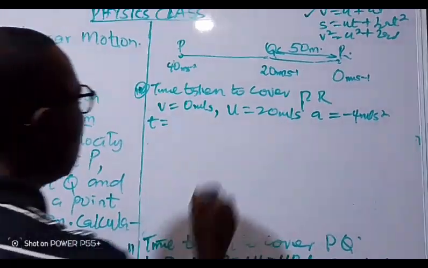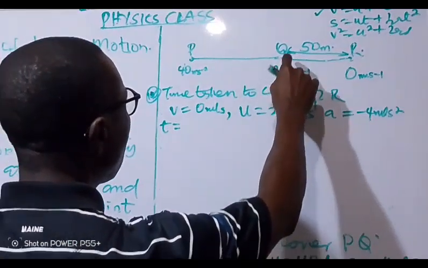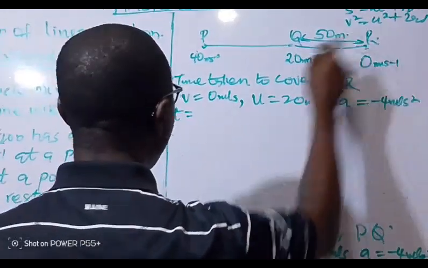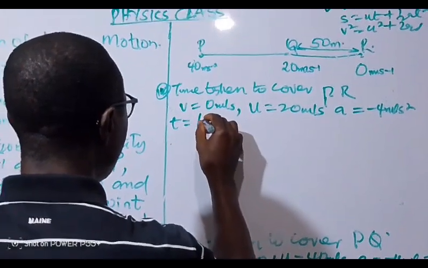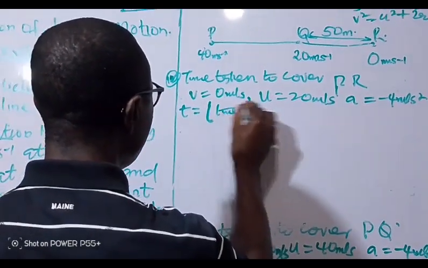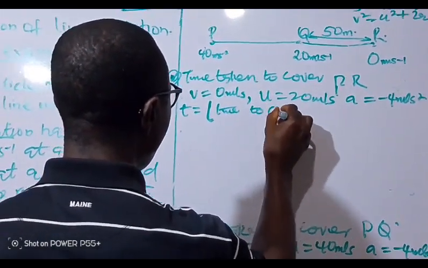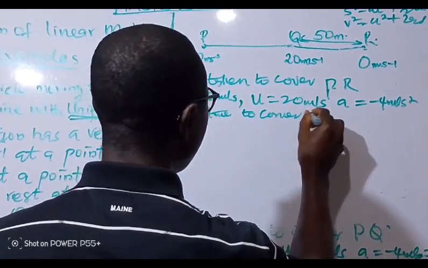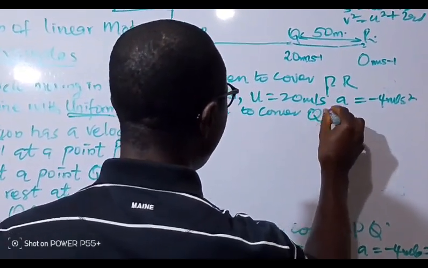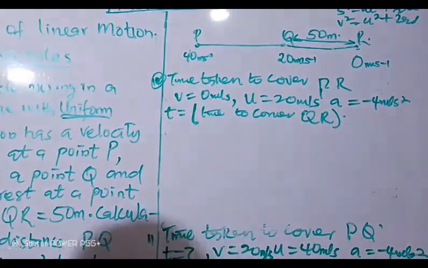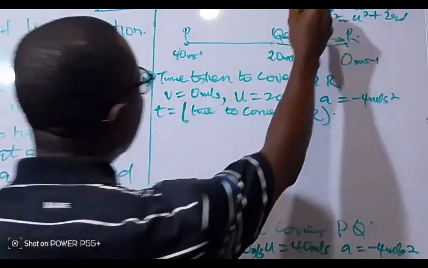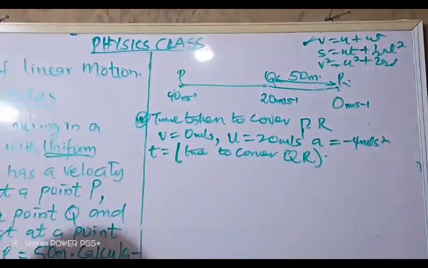That is, we want to calculate time to cover QR. So from there now, using the same formula, V is equal to U plus AT.